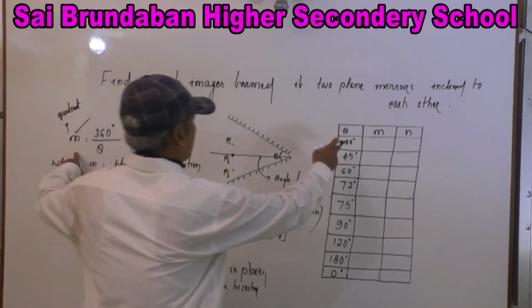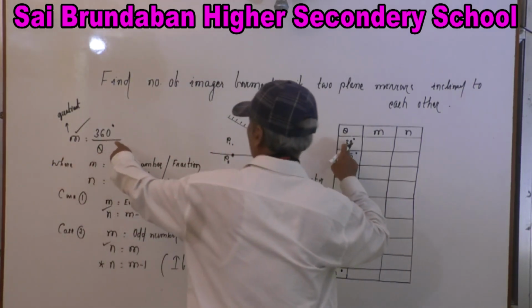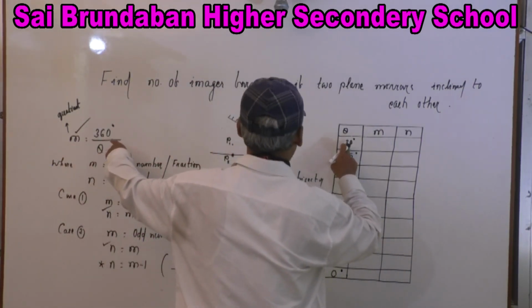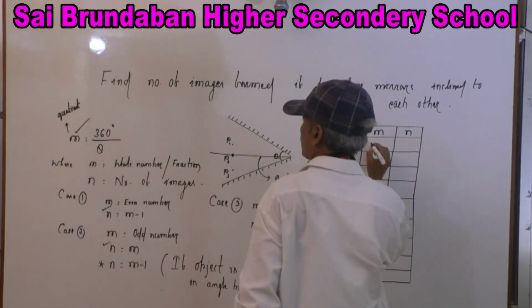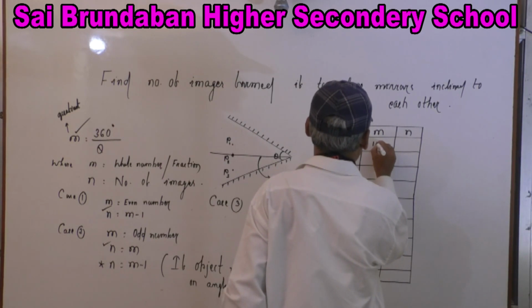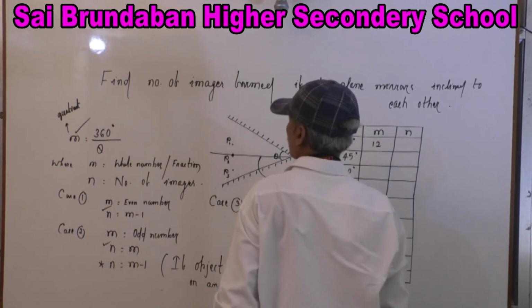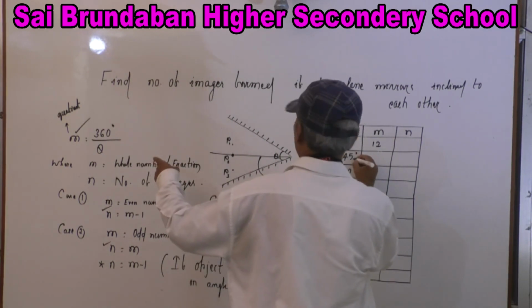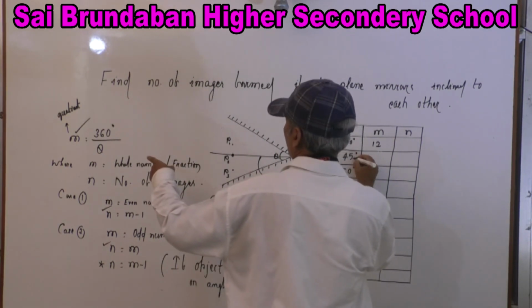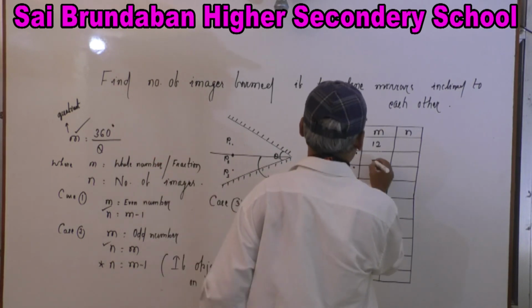So divide 360 by 30 degrees, it is 12. Then 45 degrees, 8.